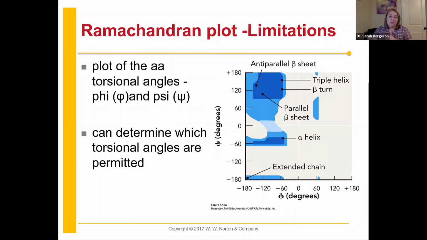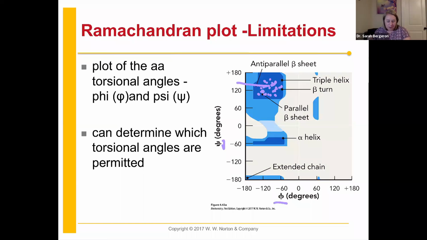All right, so how do we know that beta turns and alpha helices are really common? If you plot those phi and psi bonds for amino acids, we're going to plot phi and psi on either axis, and this is just shaded, but they've done this on many proteins, and put a dot where it's possible to have a phi and psi bond, right?